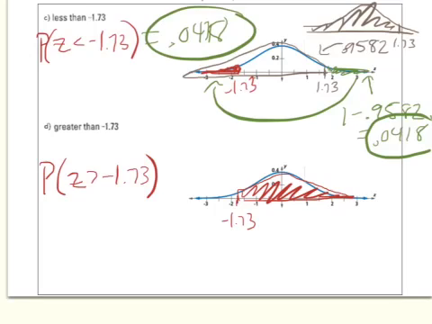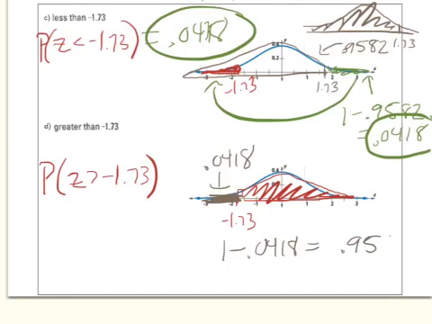Well, do I have to do anything special? The nice thing is I already did part C, and I found that the area of this tail was 0.0418. Well, folks, the area of that red section is just 1 minus that. The area of that red section is 0.9582. Okay? And that's the answer to this problem.